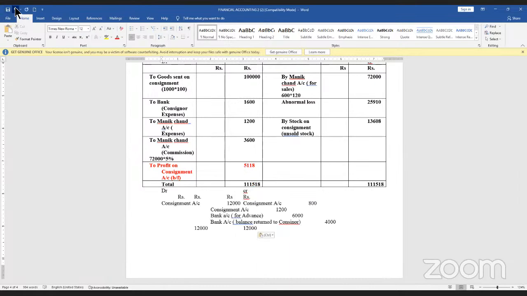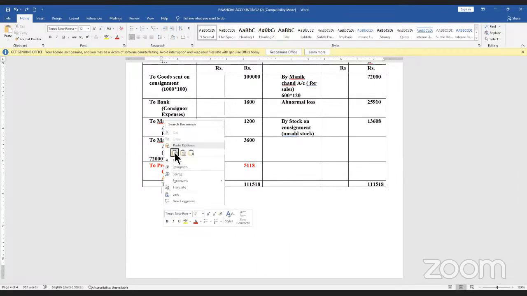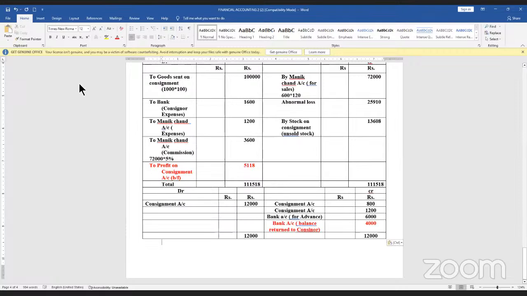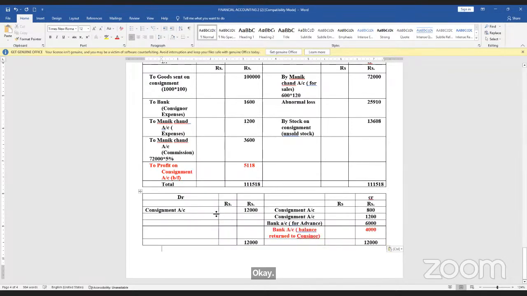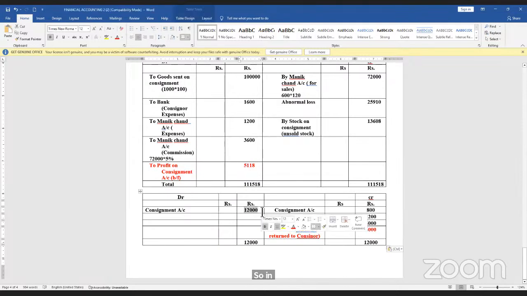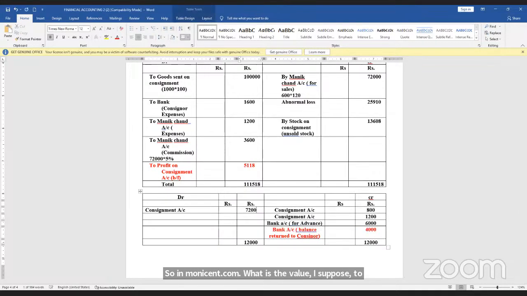So in Manik Chand's account, consignment, what is the value you are supposed to take? 72,000. And consignment for expenses, you are supposed to take 1,600. Consignment for commission, 1,200 expenses, and commission is 3,600.